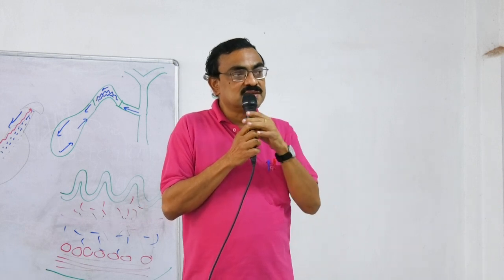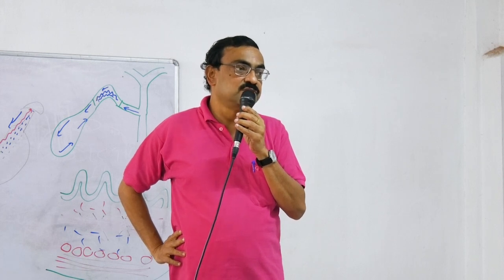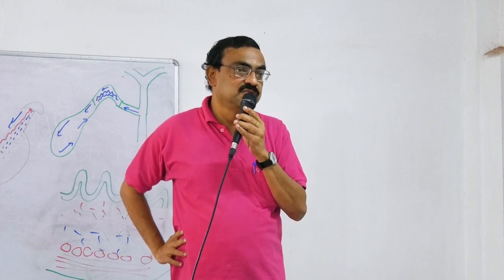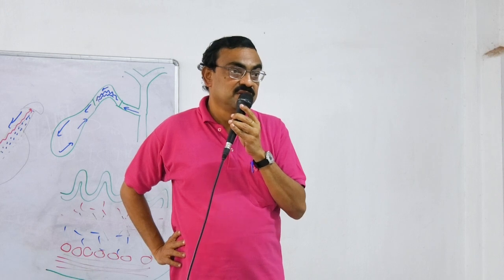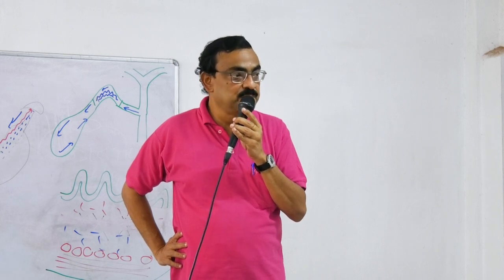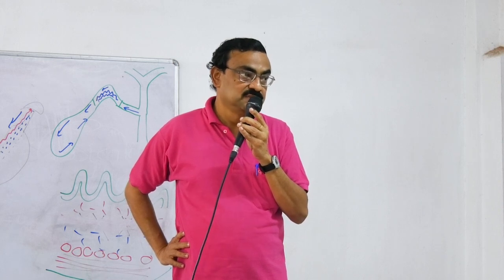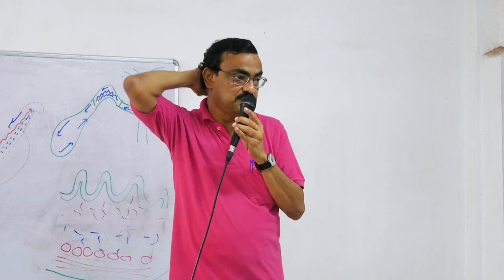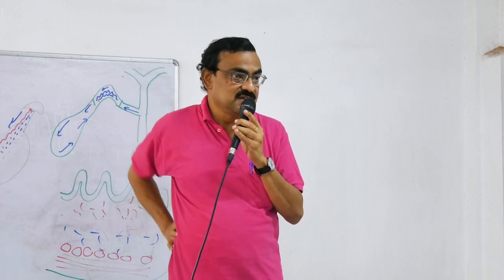And also it is being supplied by C3, C4, C5 nerves. That is from the phrenic nerve. From the phrenic nerve, the neural elements will enter into the celiac plexus, from there the hepatic plexus, and ultimately it will supply the gallbladder. C3, C4, C5 is the neck region, coming from the cervical region.